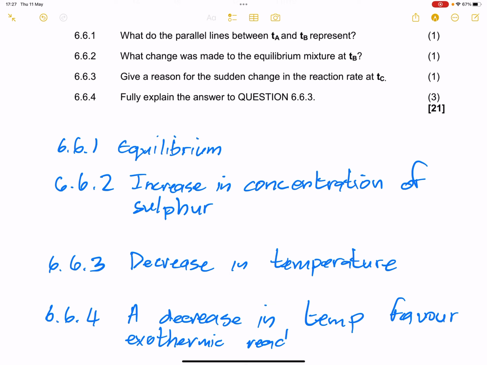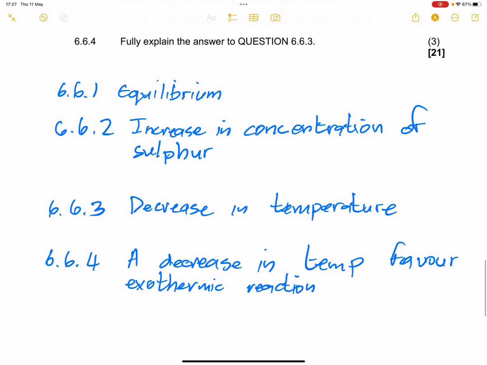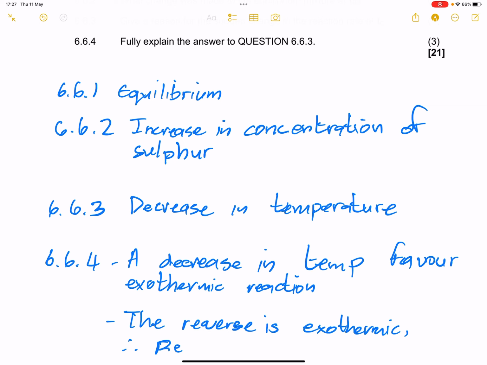Okay, so we note that the reverse reaction is exothermic, and so the reverse reaction is favored. So therefore, the reverse reaction is favored.